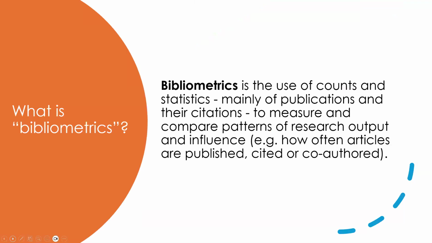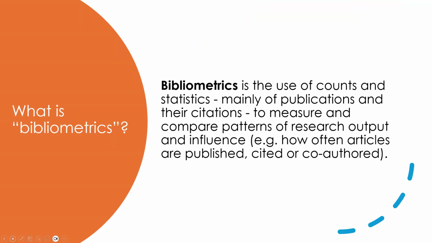Okay. So sometimes reference is made to bibliometrics, and the definition I have of it is it's the use of counts and statistics, mainly of publications and dissertations, to measure and compare patterns of research output and influence. For example, how often articles are published, cited, or co-authored.